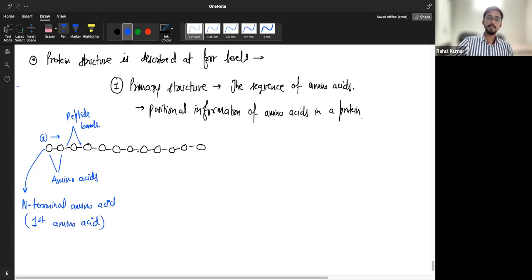In every polypeptide chain, the first amino acid is known as the N-terminal amino acid. Go back to the structure of amino acid in your notebooks quickly and see that on one side there is NH2, right? And on the other side there is COOH, carboxylic acid group. So there is an amino group on one side and a carboxylic acid group on the other side. Am I correct?